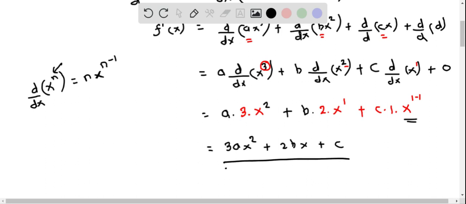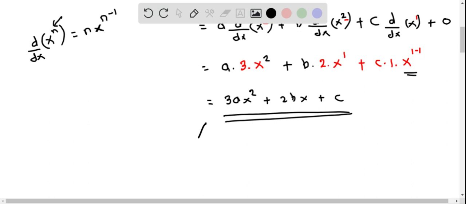So this is the result that we get when we find the derivative of a cubic polynomial. Clearly this is a quadratic polynomial because the degree of this polynomial is 2. We can see that the highest power of x is 2.